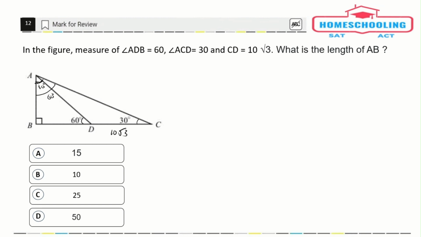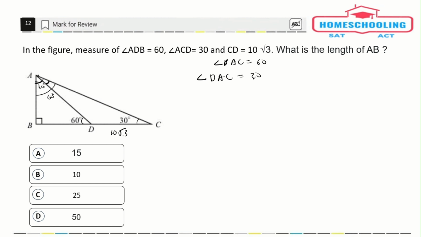And similarly, we want angle DAC. As we know, angle BAC is 60, and we already found angle BAD is 30. So this would be 60 minus 30.